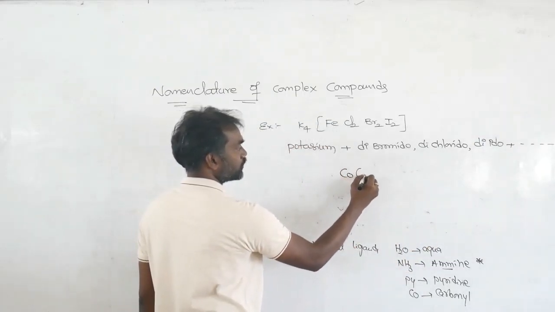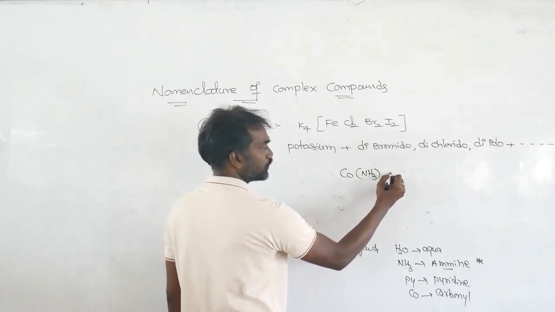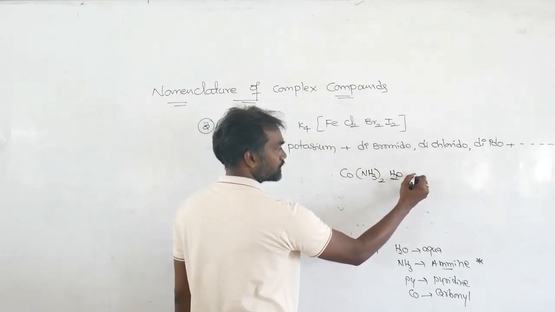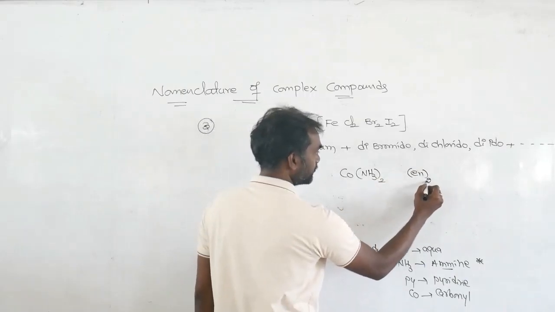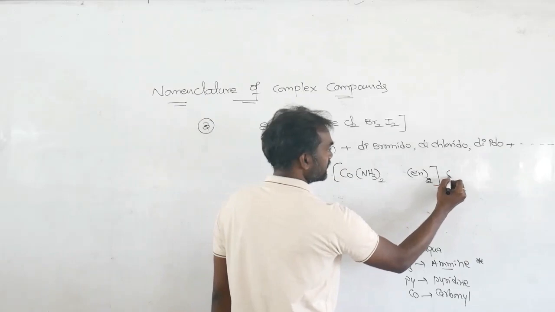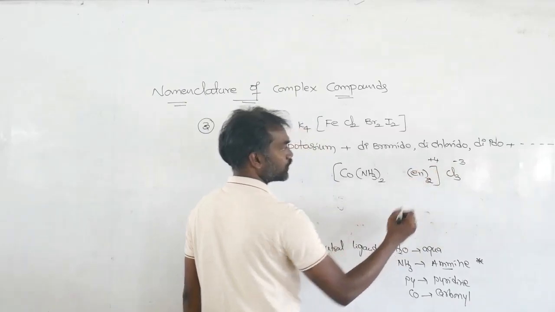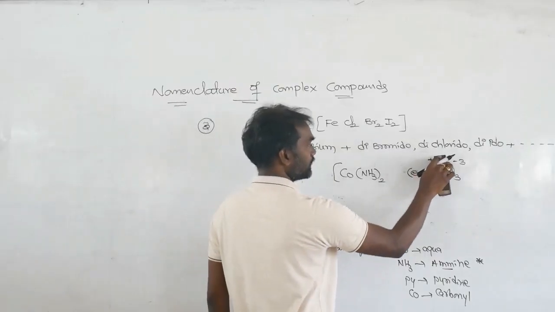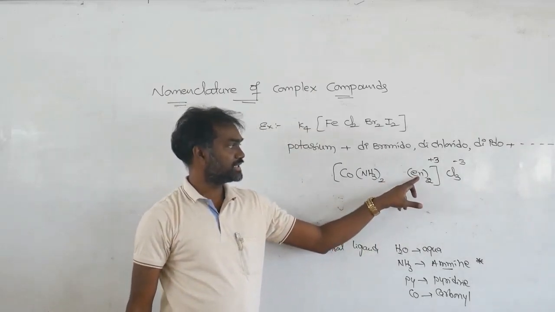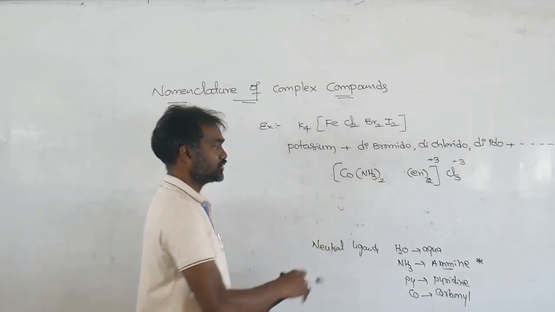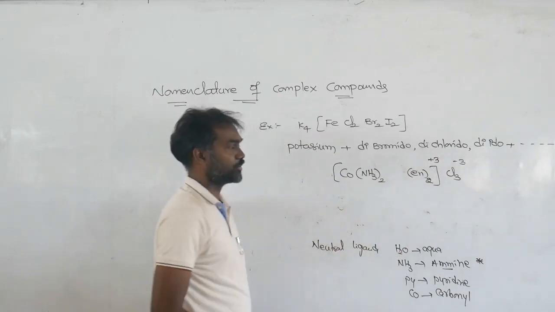Suppose [Co(NH3)2(H2O)(en)2]Cl3, NH3 taken twice, water, and ethylene diamine 2. First of all, 3 negative charges are there, so 3 positive charges. Ethylene diamine is a bidentate ligand. First you discuss the positive charge, and after that the negative.